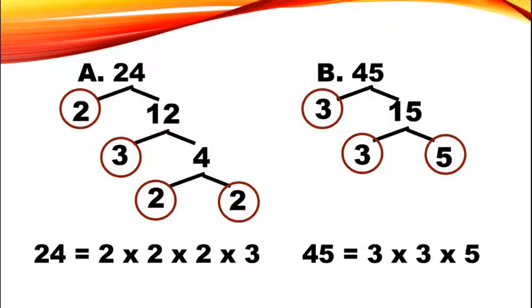Teacher, is it possible that I can change the factor pairs? Yes, but the final answer would end up the same: in 24, 2 times 2 times 2 times 3. Also in 45, we have 3 times 3 times 5.